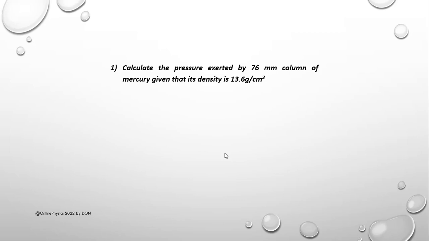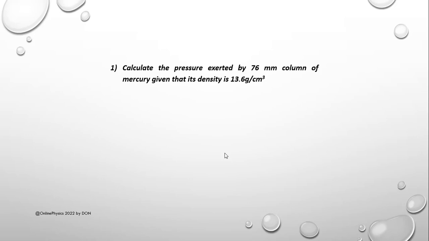We calculate the pressure exerted by a 76 millimeters column of mercury, given that its density is 13.6 grams per cubic centimeters. As usual, mercury is a liquid, that is pressure exerted by liquids. So in this case, we are again saying pressure is equal to height times density times g.